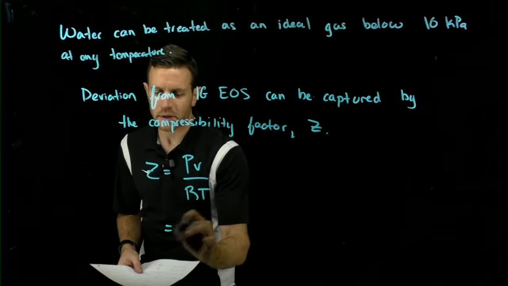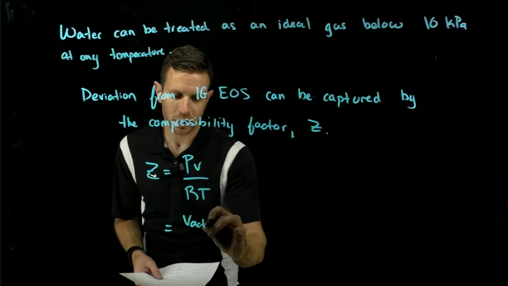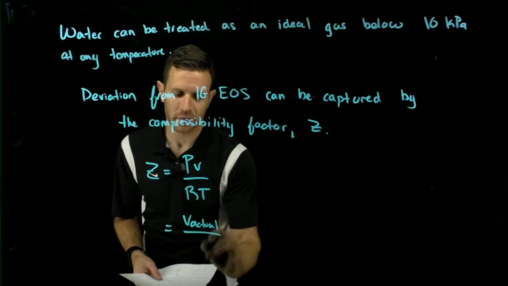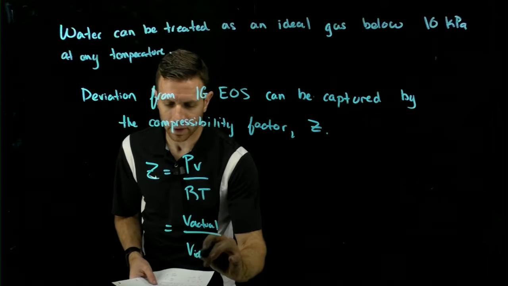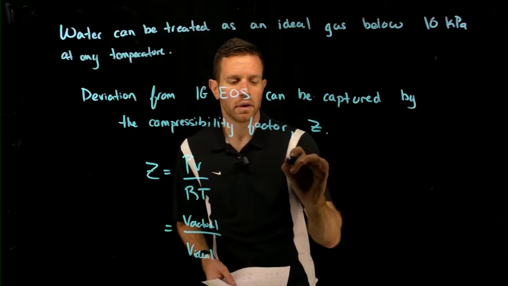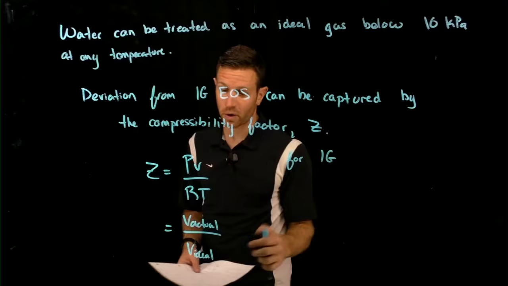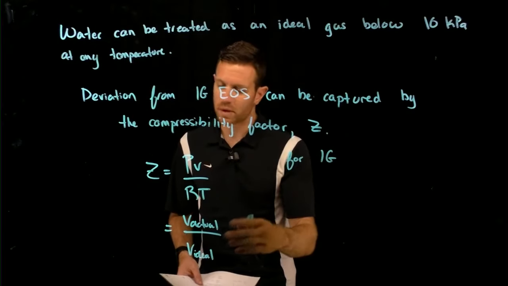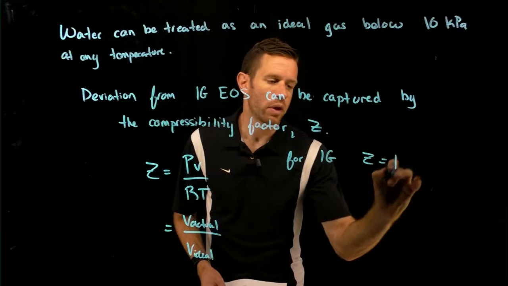And really what it is, it's a ratio of the actual specific volume of a gas, v subscript actual, over the ideal specific volume of a gas. For an ideal gas, we would expect our actual volume is equal to the ideal volume, so Z equals 1.